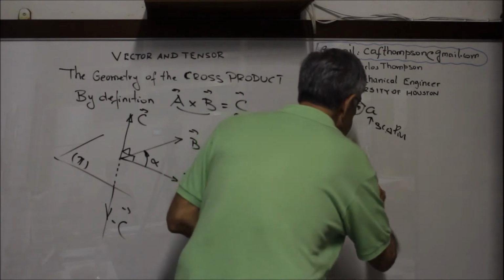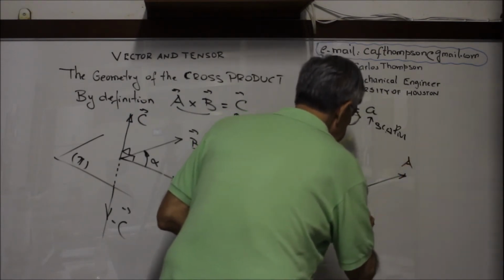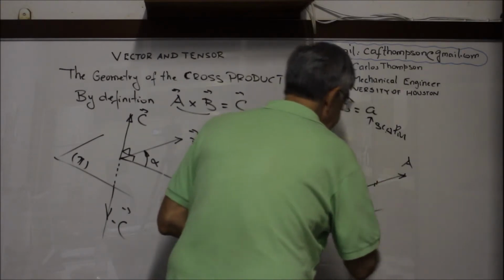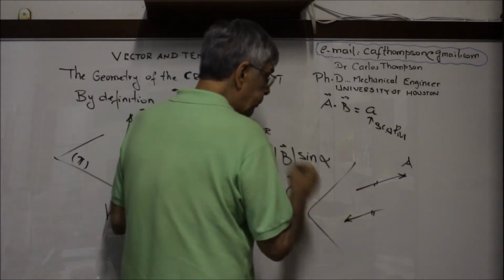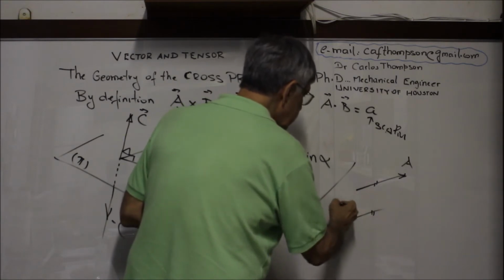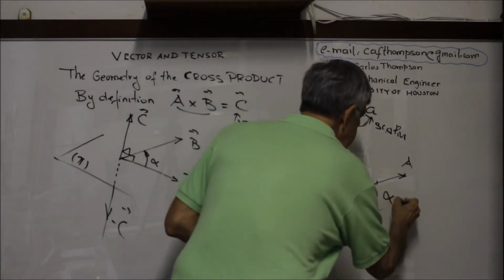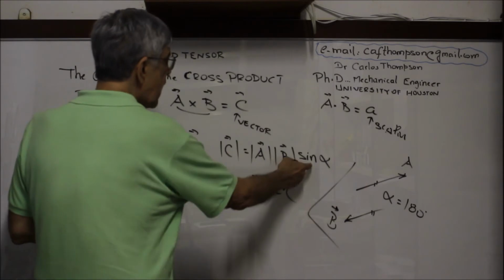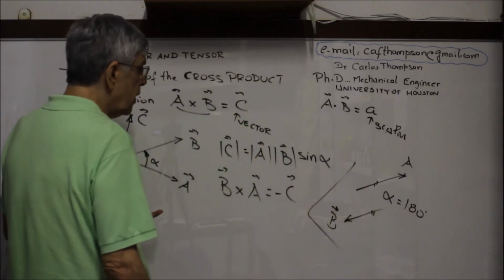Now, consider two vectors, A and B, parallel. So there is a plane. Now, the angle between vector A and vector B, alpha, is equal to 180 degrees. So the sine of 180 degrees will be 0.